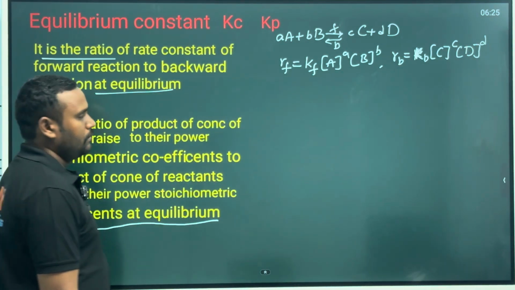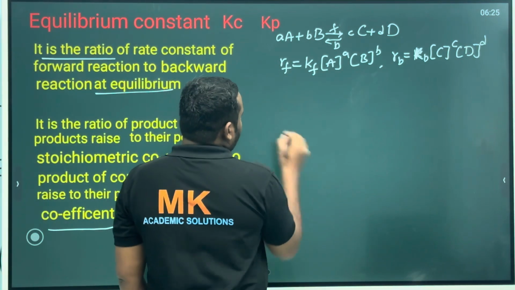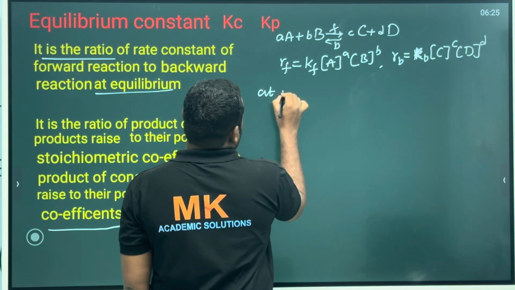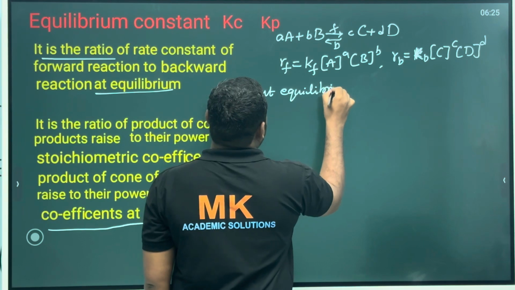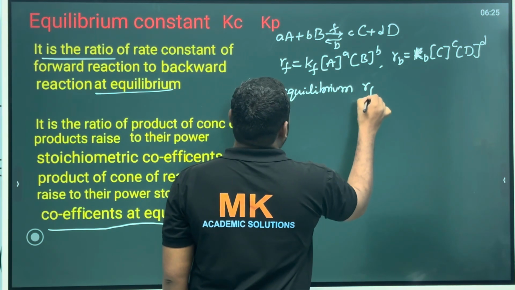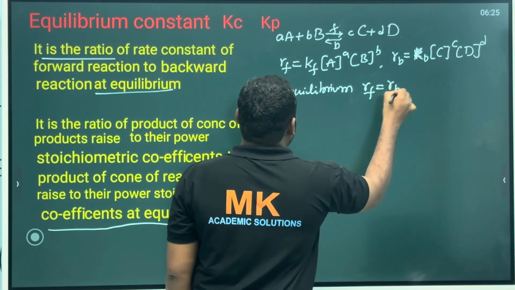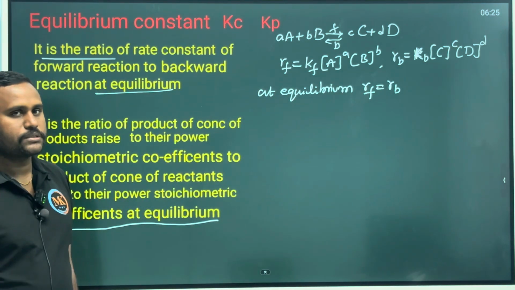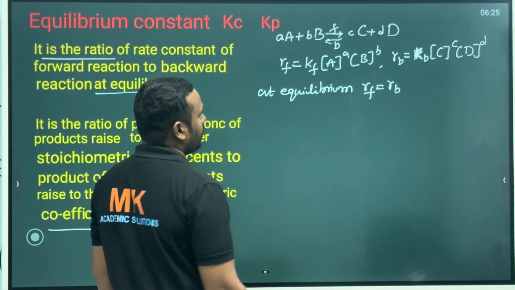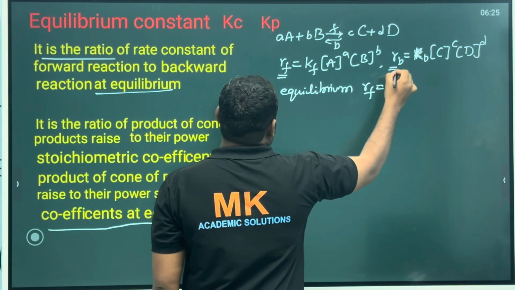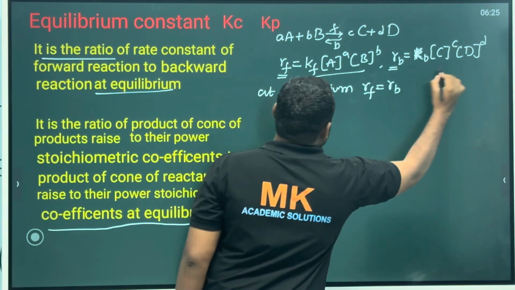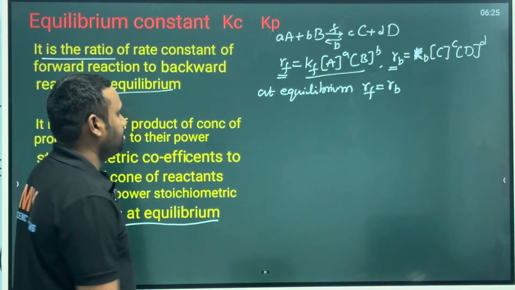Okay, so now at equilibrium, we know already the rate of forward reaction is equal to the rate of backward reaction. Therefore, these two terms will become equal.